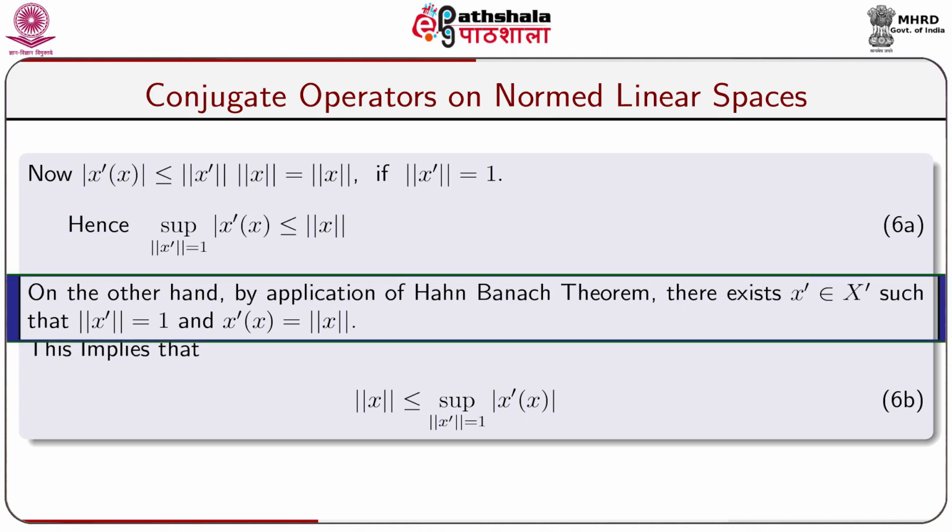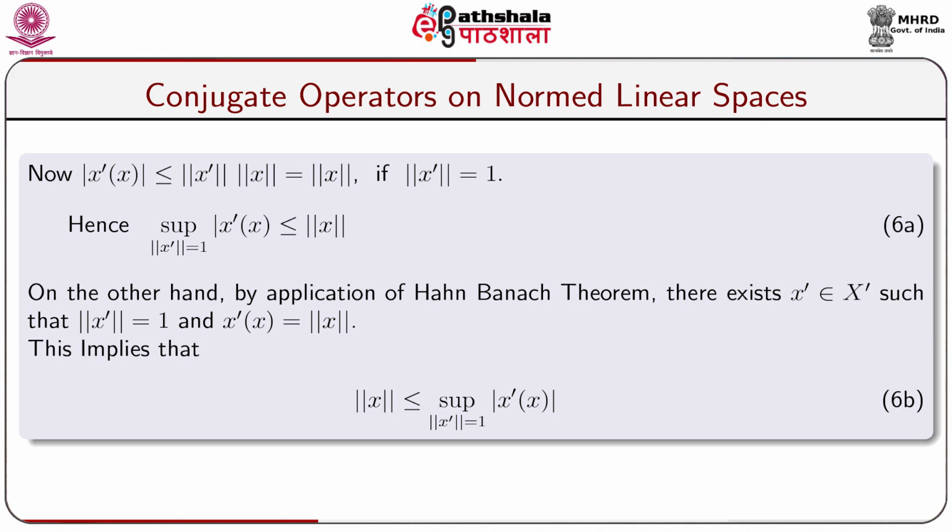On the other hand, by application of Hahn-Banach theorem, there exists a functional x' belongs to capital X' such that norm of x' equal to 1 and x'x equal to norm x. This implies that norm x less or equals to supremum of modulus of x'x, where supremum is taken over all such elements x' where norm of x' equal to 1.